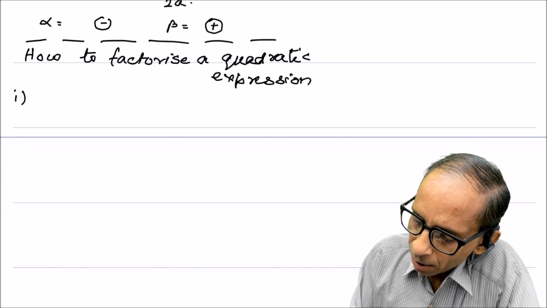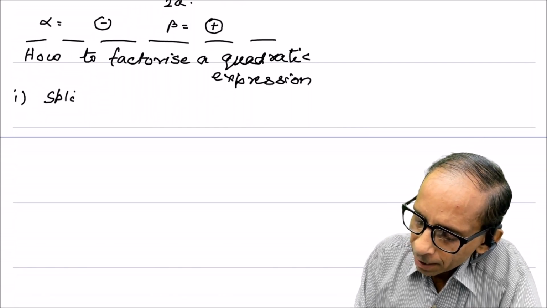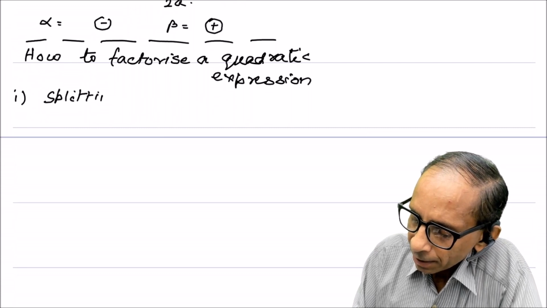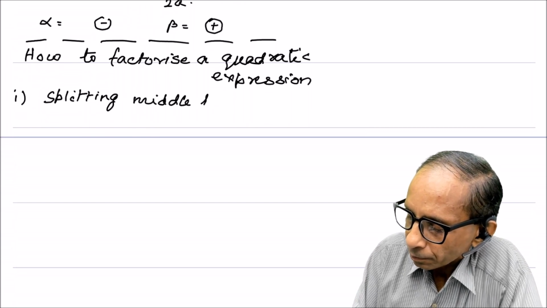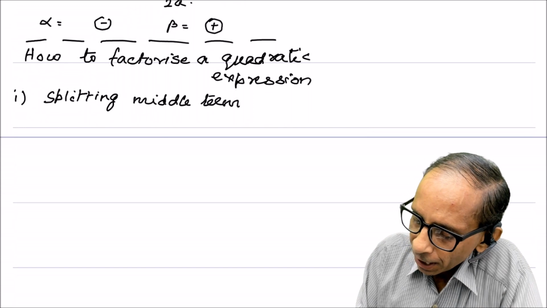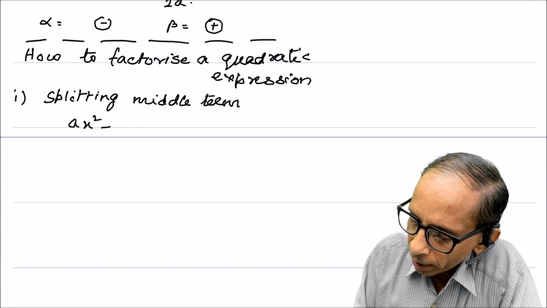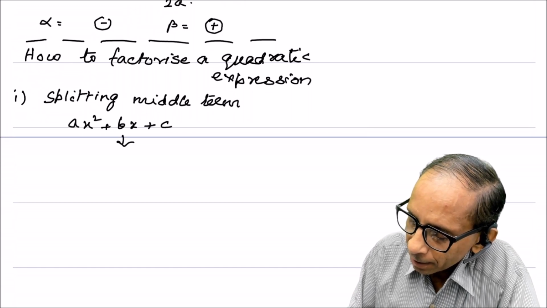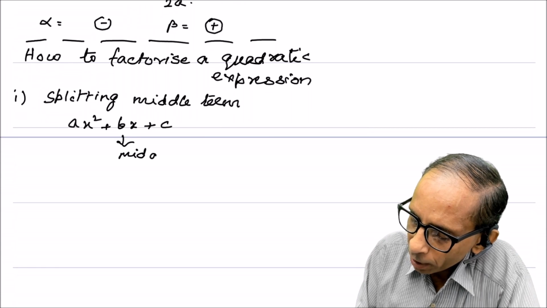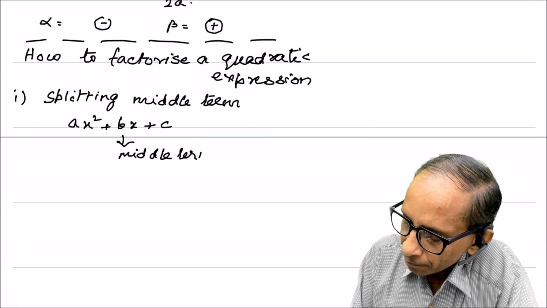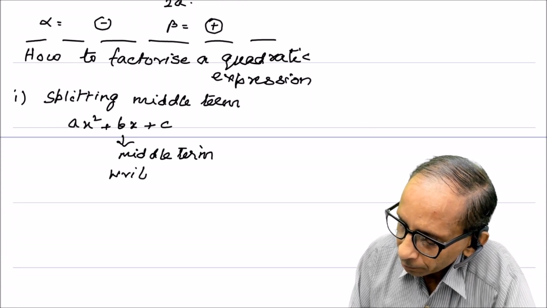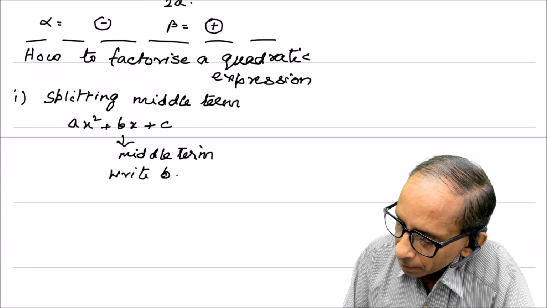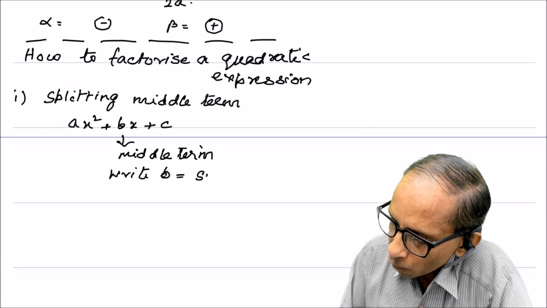For instance, the first one is by splitting the middle term, that is, if you are having ax square plus bx plus c, then this term we call the middle term and we try to write it as sum of two terms.